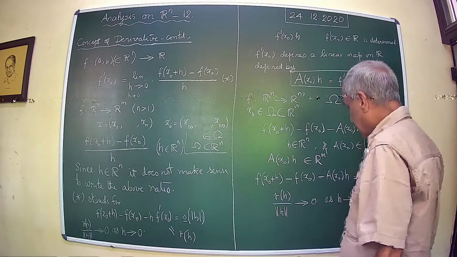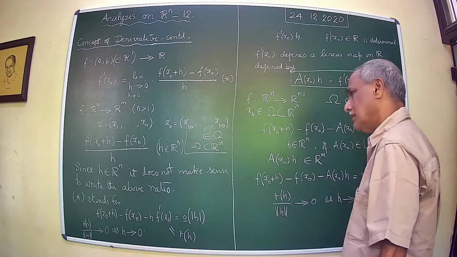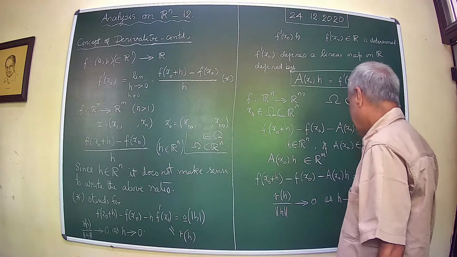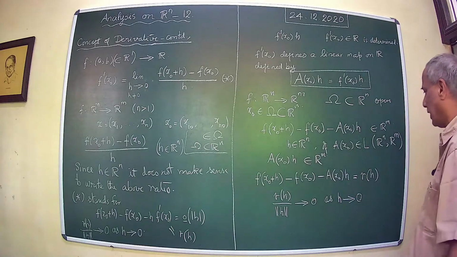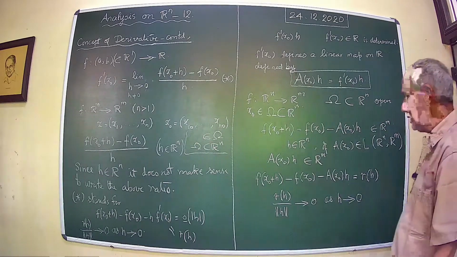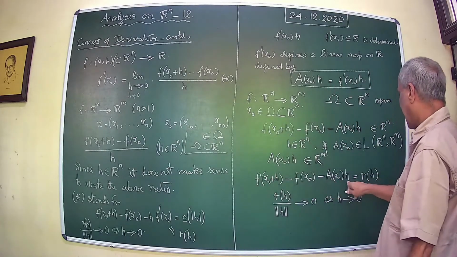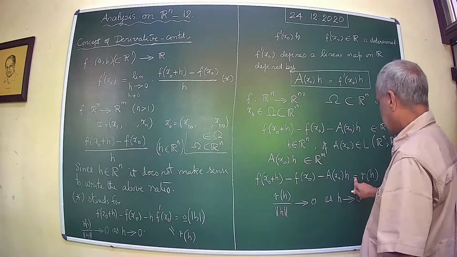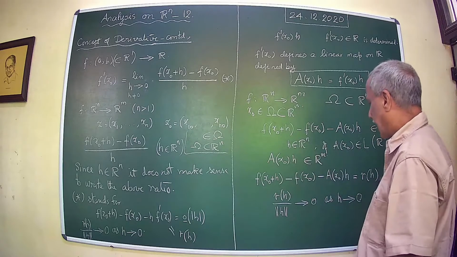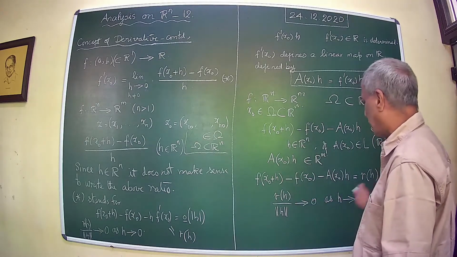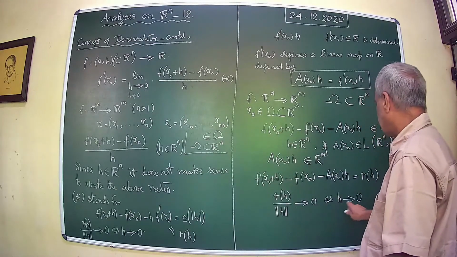We say that f is differentiable at the point x naught if there exists a linear transformation A from Rn to Rm such that f of x naught plus h minus f of x naught minus A h is equal to r of h, which is the error that you have, with the property that r of h divided by norm of h goes to 0 as h tends to 0.